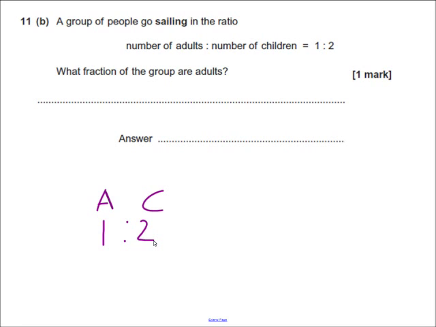And this is something we covered in week 4. Okay, it's one of our basics. If we have 1 adult for every 2 children, we have 3 parts. And if we have 3 parts, the adults represent 1/3 and the children 2/3. So the fraction of the group that are adults is 1/3. So when you have a ratio of 1 to 2, do you understand that the adults is 1/3 and that the children is 2/3? And that's 1 mark.